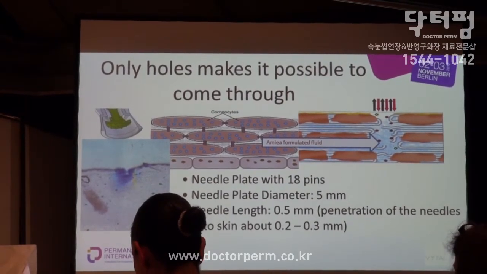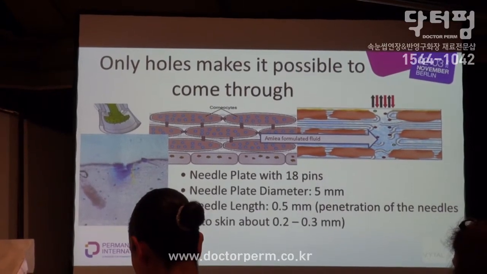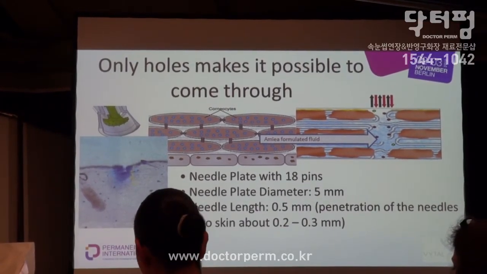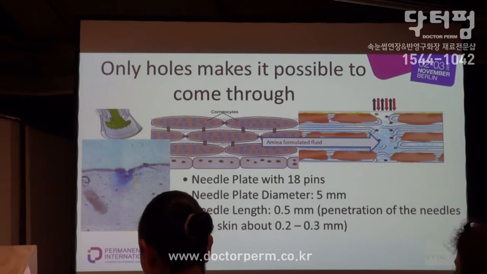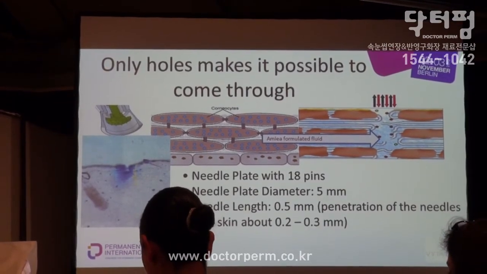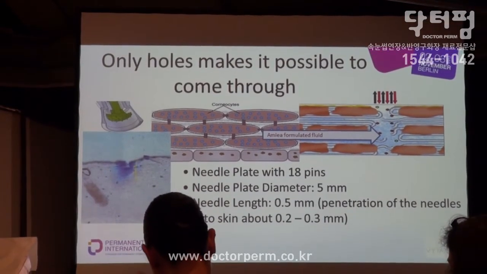And this is in the picture. You can have the entrance and the exit of all kinds of fluids when you have made this nice hole in the outer side of the epidermis.